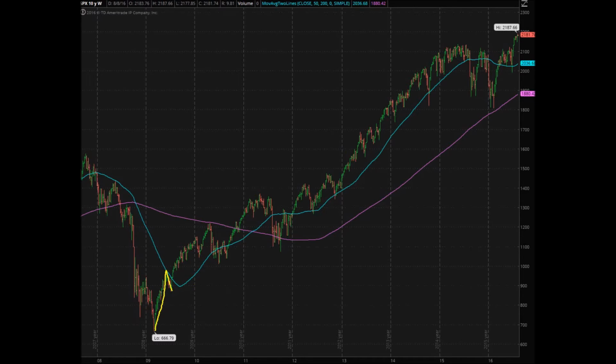So 1, 2, 3, 4, 5, and that tops out that first segment, and then you get 1, 2, 3 on the way down, and then 1, 2, 3, 4, 5 on the way up, and then 3 on the way down. So you can see it in different segments even within the overall trend.